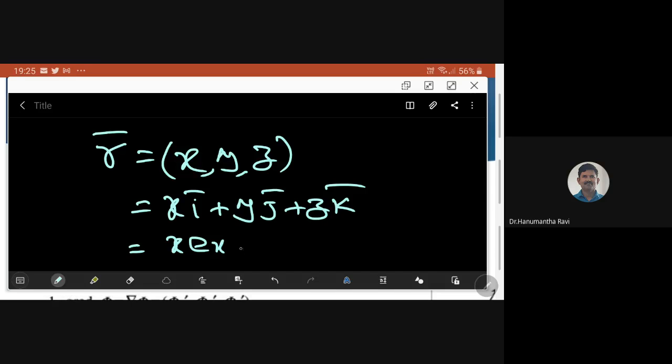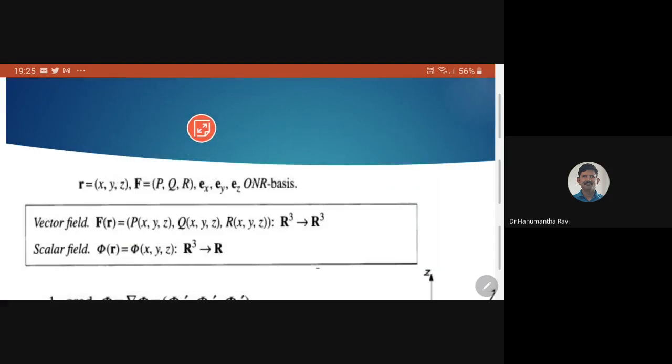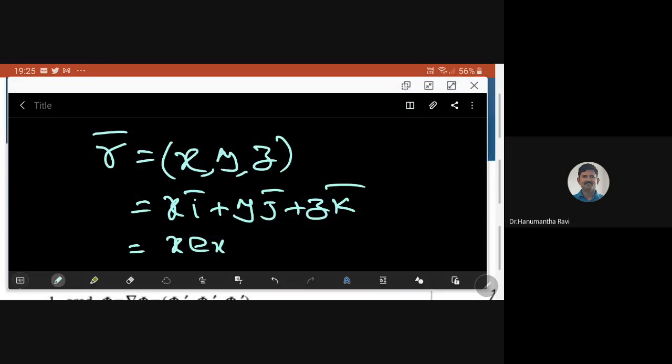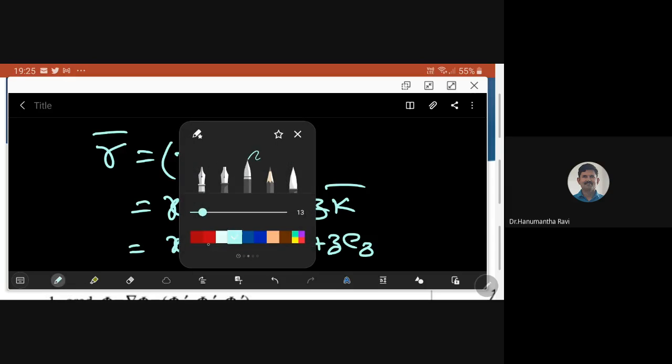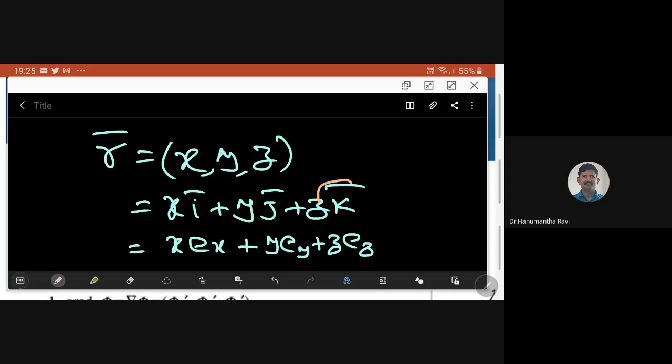Sometimes they write ex, ey, ez, that is x ex plus y ey plus z ez. What I mean to say is that these two things are one and the same. K bar and ez are the same, j bar and ey are the same, i bar and ex are the same.